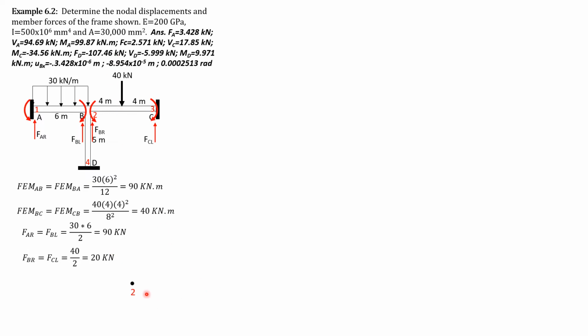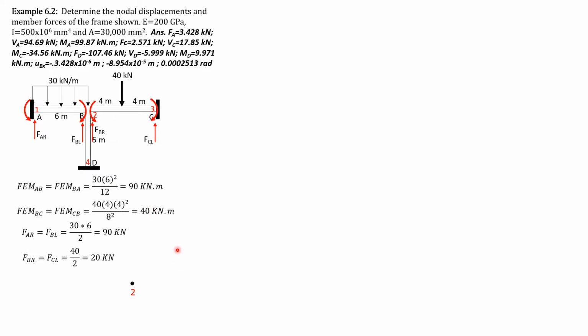So therefore, for node 2, the nodal moment is opposite to the net fixed end moment here. 40 minus 90 is negative 50.